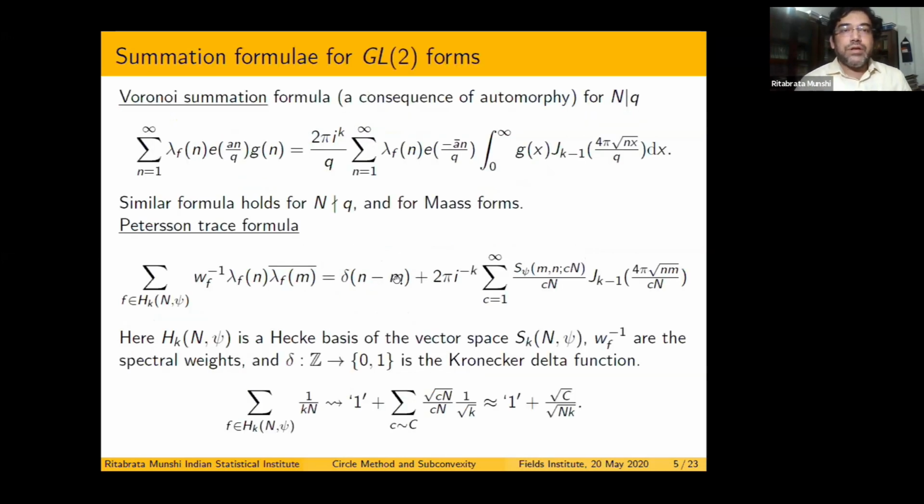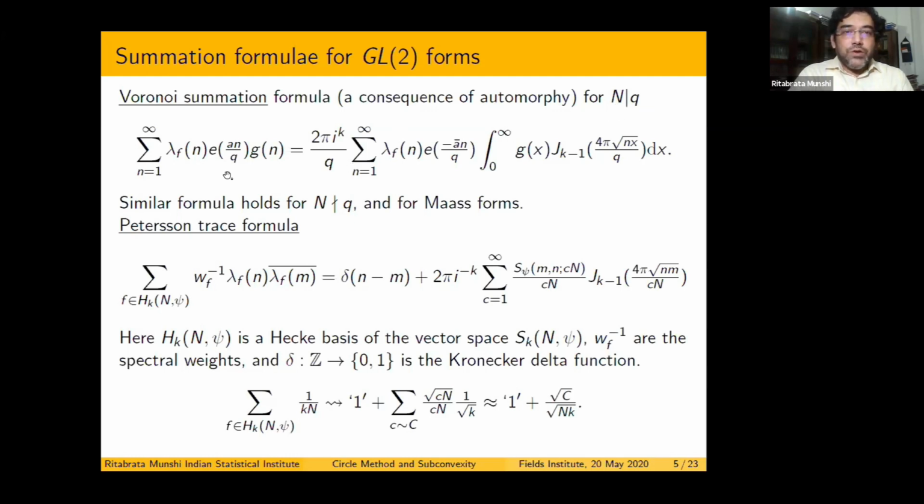Right. For these Fourier coefficients, we have what's called the Voronoi summation formula. I'm writing the Voronoi summation formula for the simplest case. So this has the Fourier coefficient λ_f(n) and the additive character e(an/q). In the simplest case, we assume that this denominator q of the additive character is divisible by the level of the form N. So N divides q.